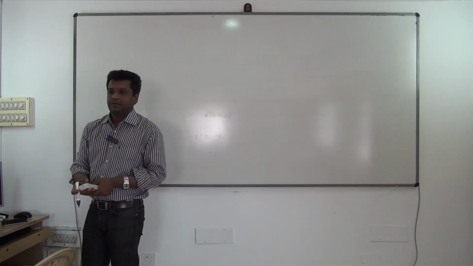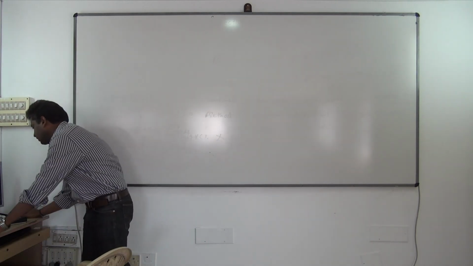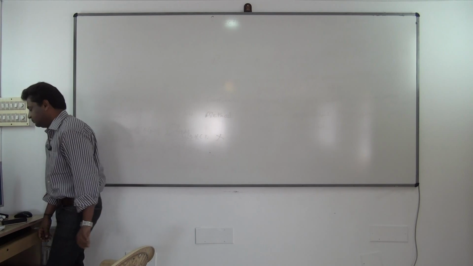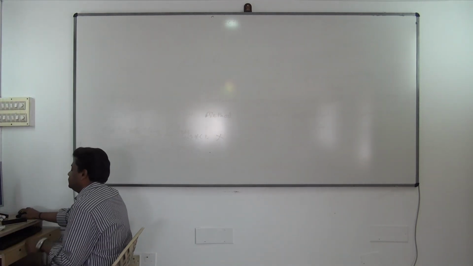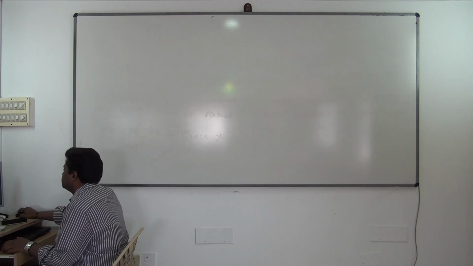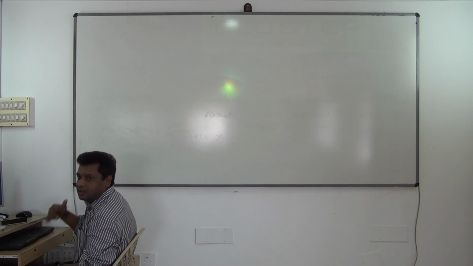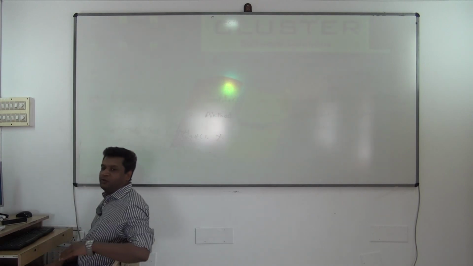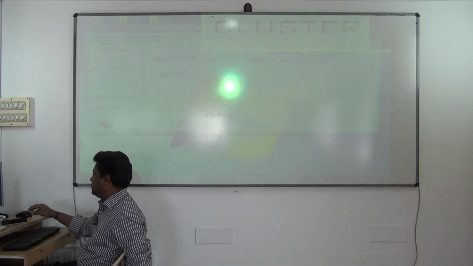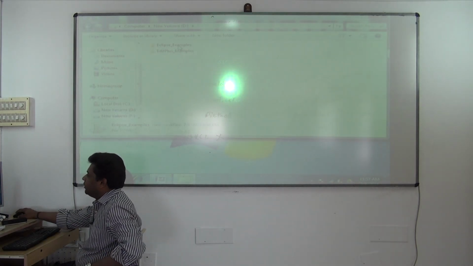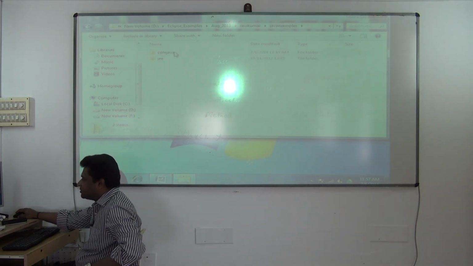In reflection, the first example we'll see now. So for this reflection, I have created one more new workspace. It is there in D drive, Eclipse examples, August 2013, Ravi Kumar, Java examples, core Java.